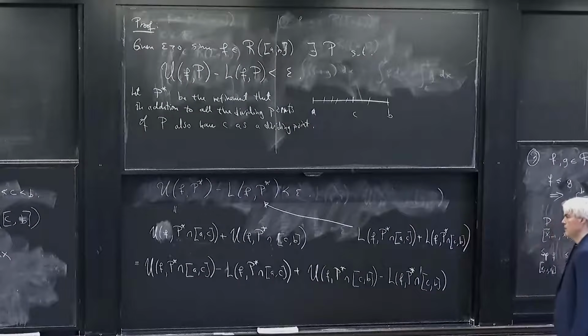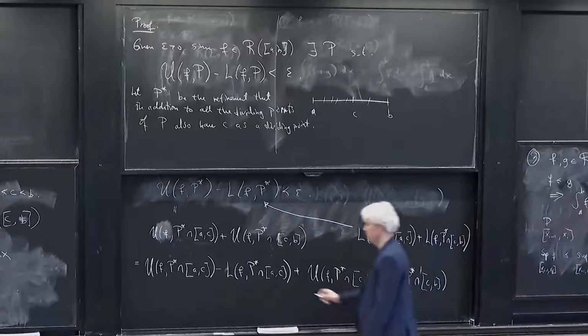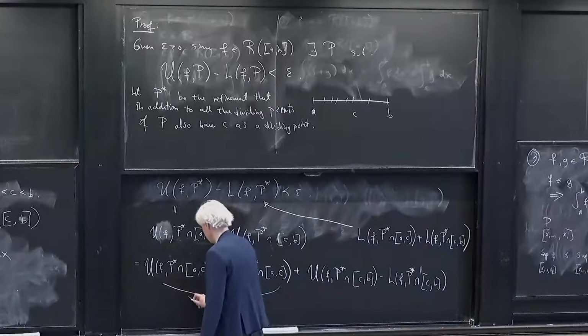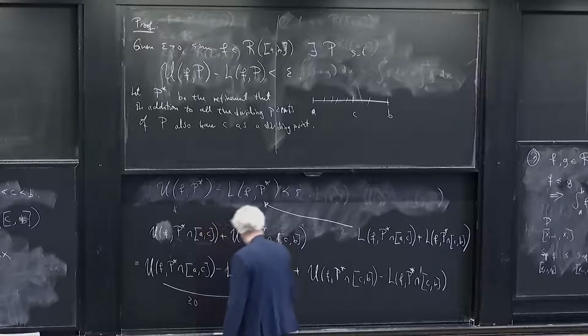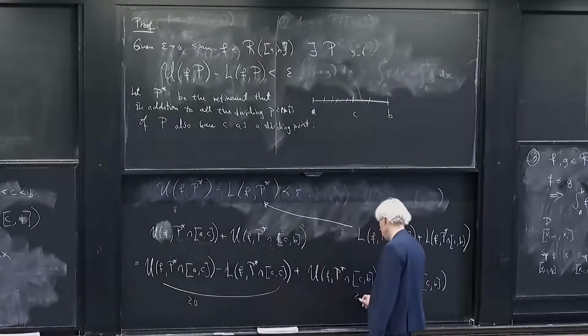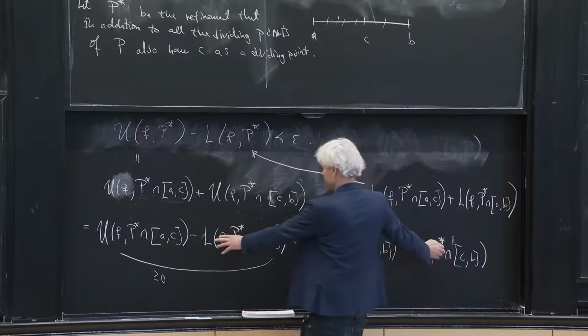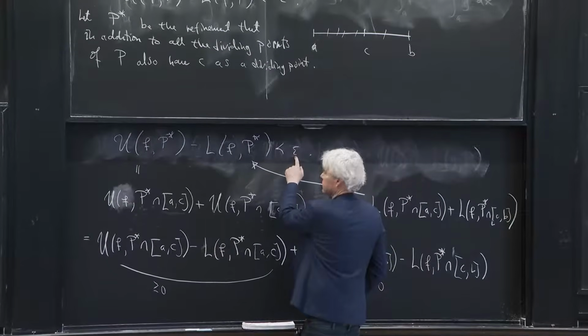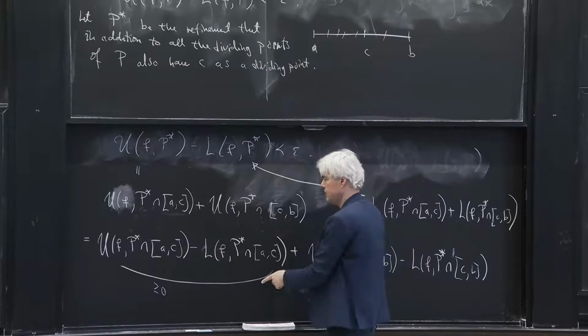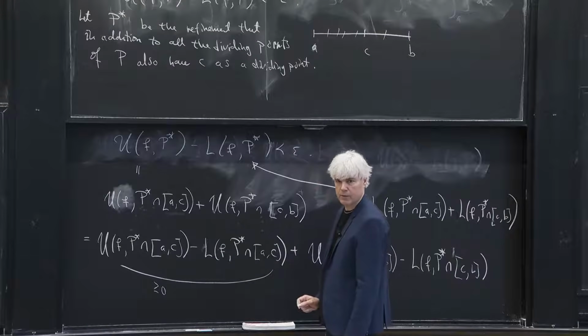But each of these differences is non-negative, and the sum of these two numbers is bounded by epsilon. So each of them must be at most epsilon, right?